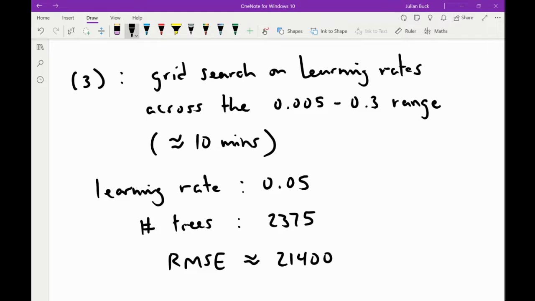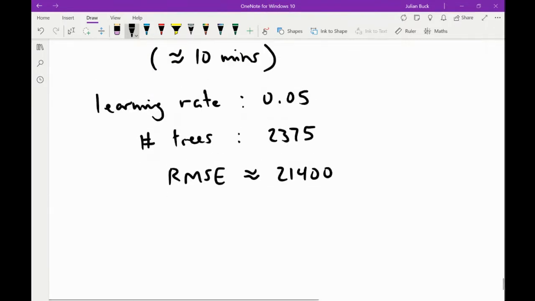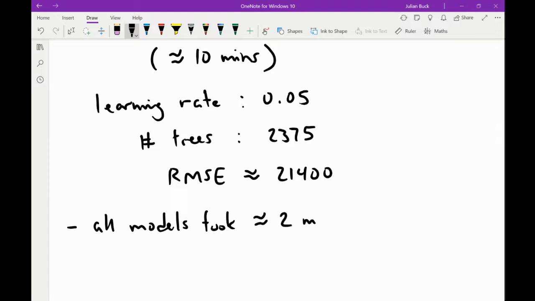Also remember that when we're doing this grid search at this step, we were trying to assess performance versus runtime. If any particular values of the learning rate give you much better runtime, then you might want to consider that. But in this case, you'll see that all models took approximately 2 minutes to train.